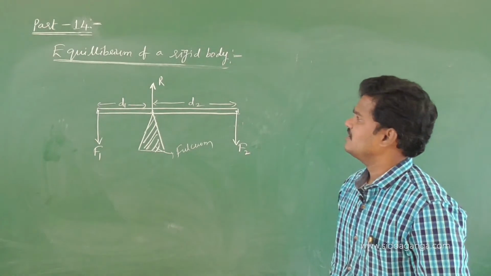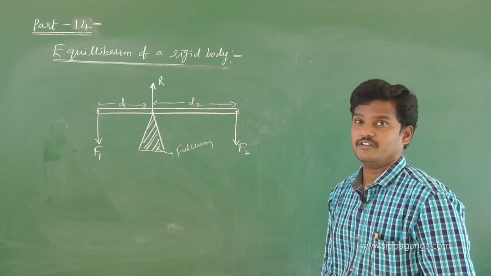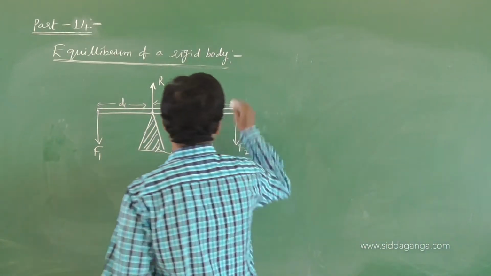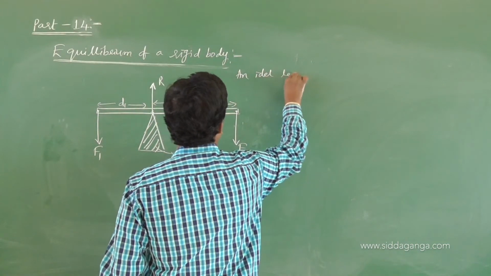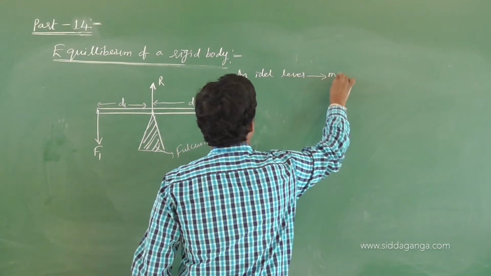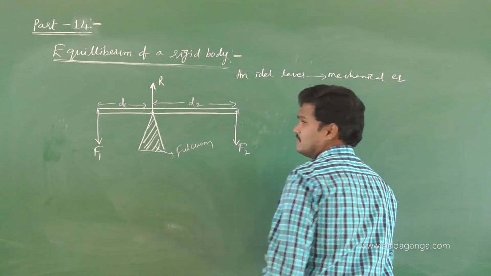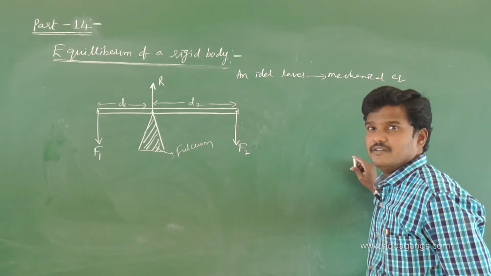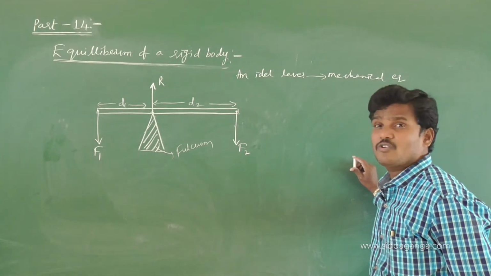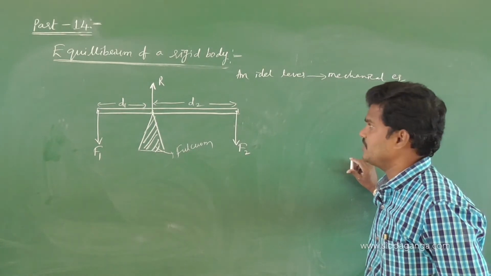Now R is the reaction force, and see, this ideal lever is in mechanical equilibrium. Mechanical equilibrium is nothing but the combination of translational equilibrium and also rotational equilibrium.